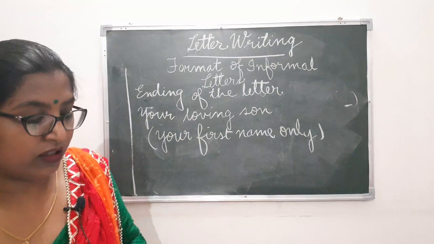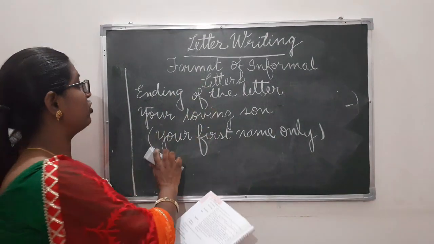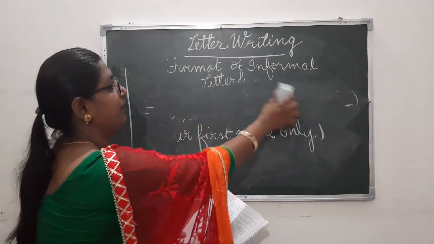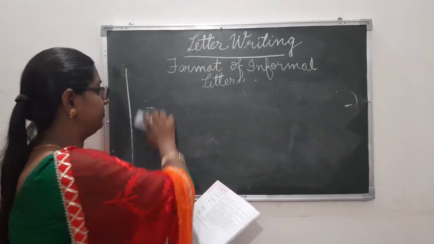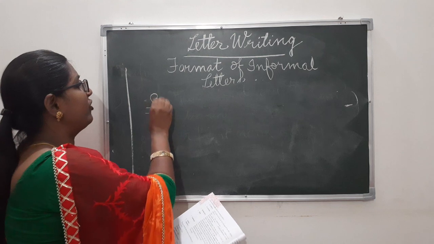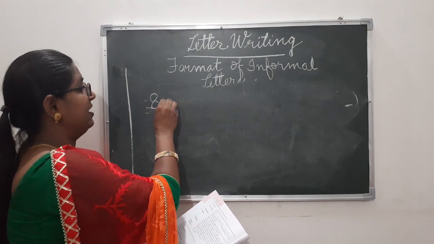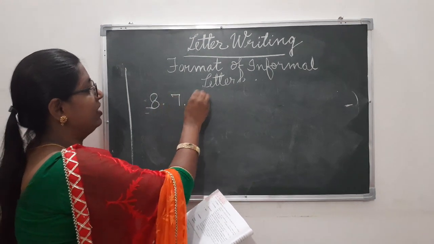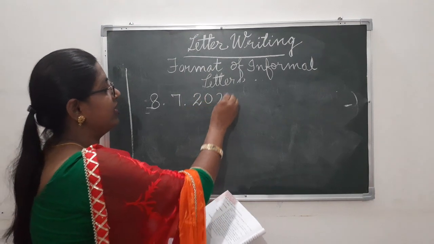Now we should learn the different ways of writing the date. The first way of writing the date is 8/7/2020.